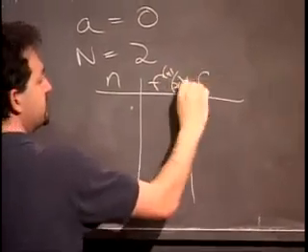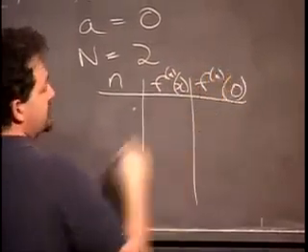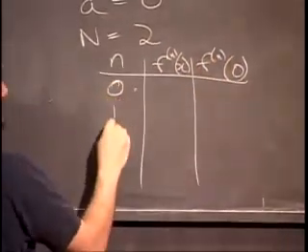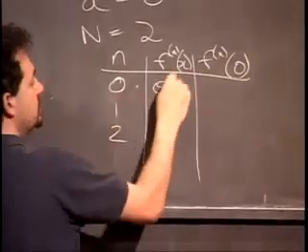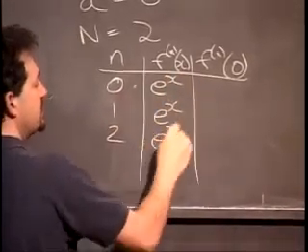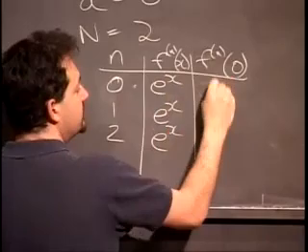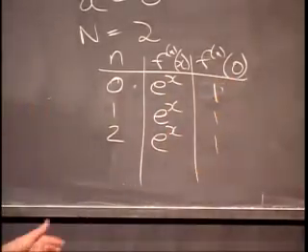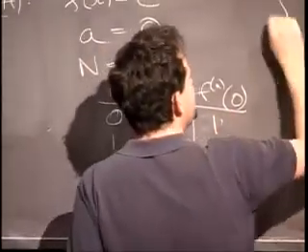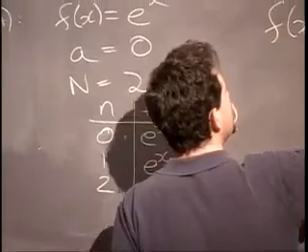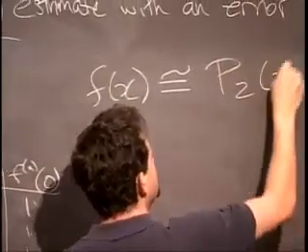So just quickly throwing up the same table that I actually just erased: the nth derivative in general, and the nth derivative at 0. I only need to go up to 2. All the derivatives are e to the x, so you get e to the 0 is 1, 1, 1. So basically, f of x is approximately equal to p2 of x.